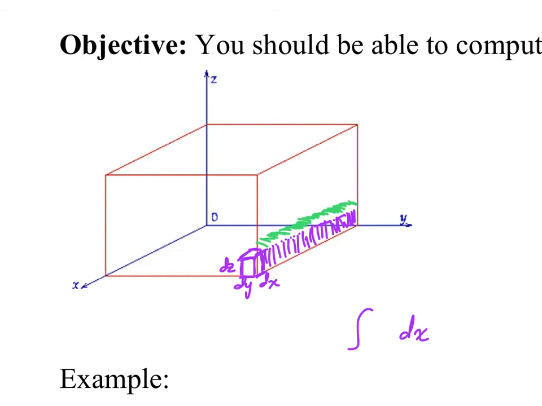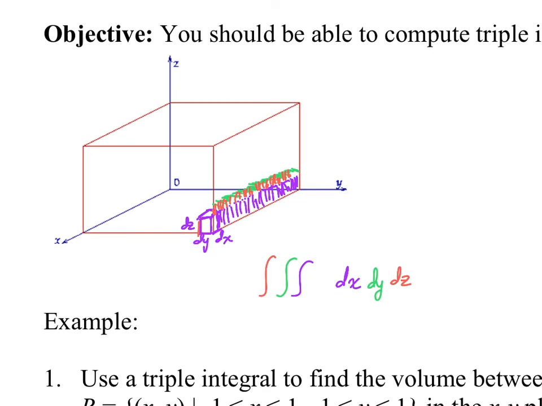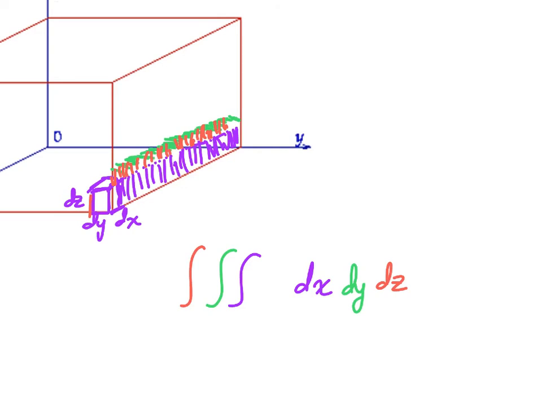Every one of those, if you combine them all together, would give you the sum total in that direction. And then you would have all the teensy tiny little distances in the direction of z, so the vertical distance. And that would give you the triple integral of some function of x, y, z.